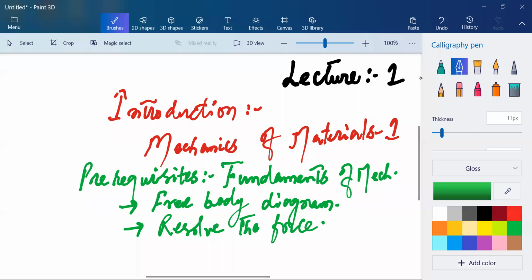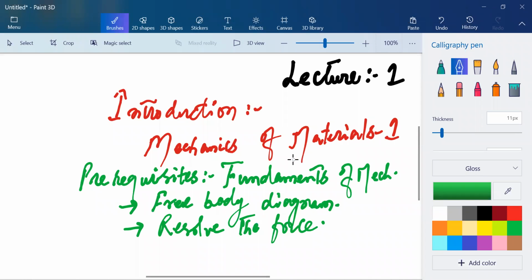These are two important things that the student should know, particularly in mechanics of materials one: a good understanding of the free body diagram and the resolution of forces. These are the two prerequisites of this course.